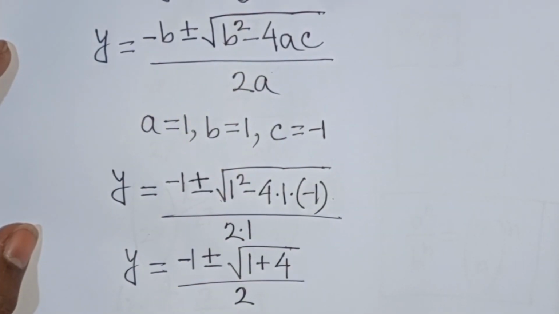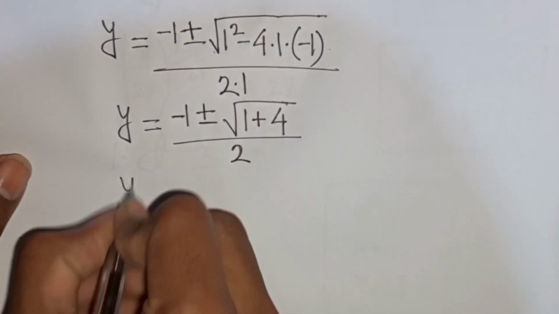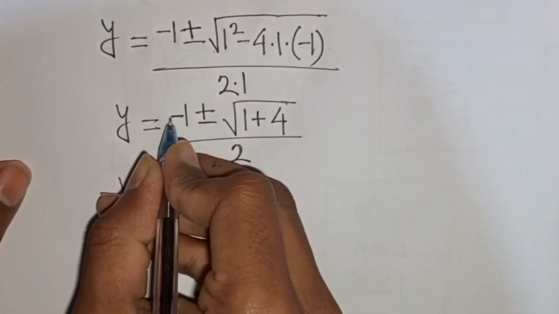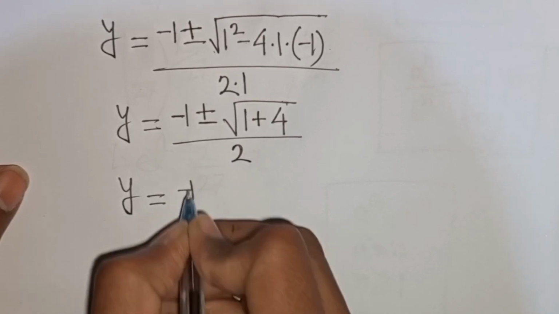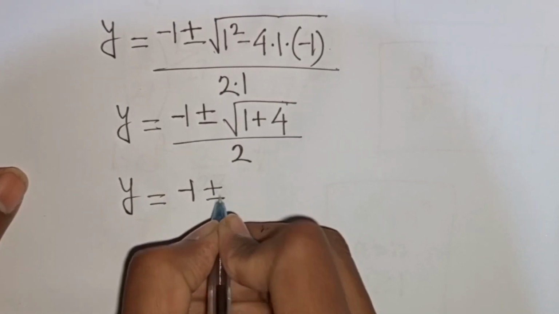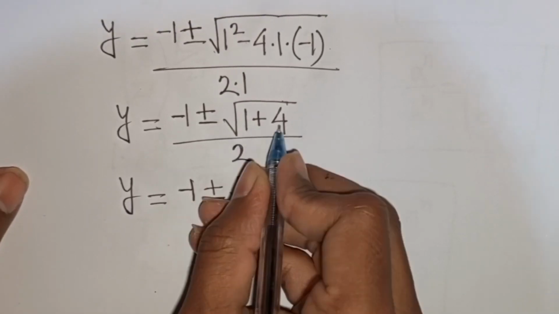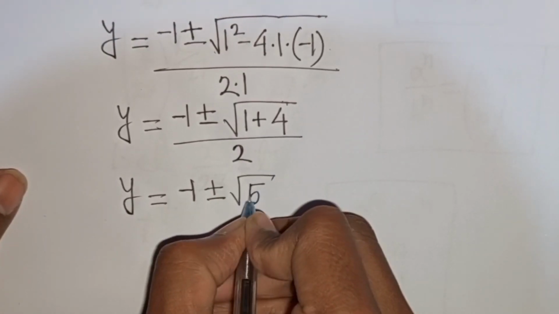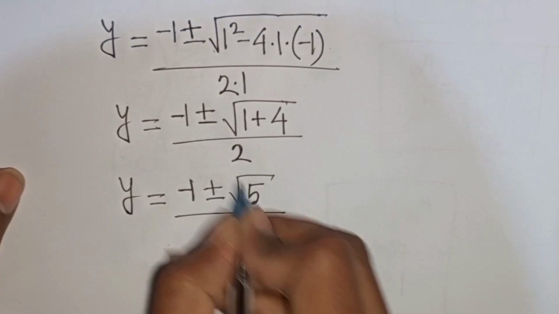Now I can write y is equal to minus 1 plus or minus square root of 1 plus 4, that means 5, then divided by 2.